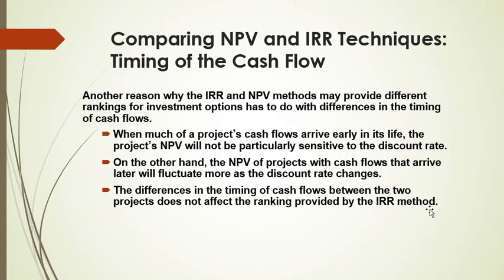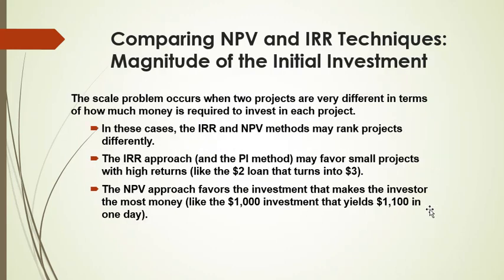But if the cash flows are on the other end of the timeline, the discount rate can have much greater impact. So the differences in timing will affect net present value, but it will not affect the internal rate of return. Now the magnitude also will have an impact.